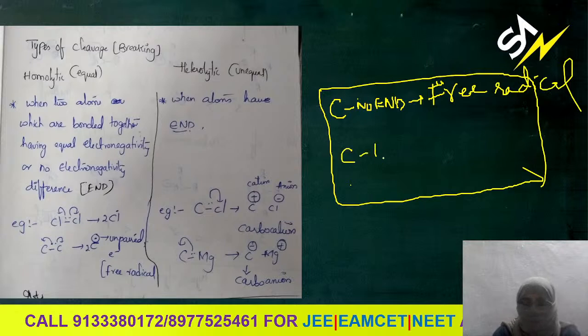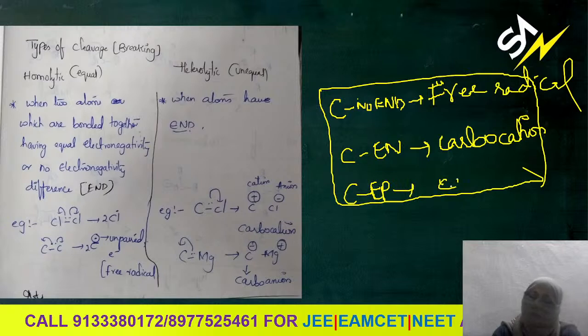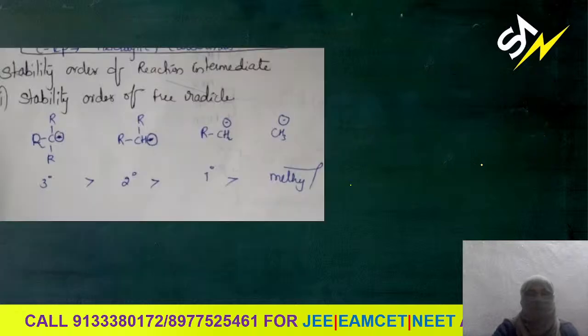If carbon is attached to an electronegative element, carbon will be a carbocation. And if carbon is attached to any electropositive element, carbon will become a carbanion. Carbanion or carboanion, both are the same; you can write the O or omit it, optional. So this is about the cleavage. Right, hope it is clear.